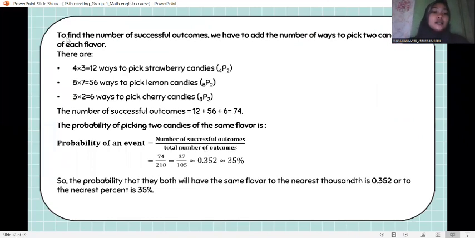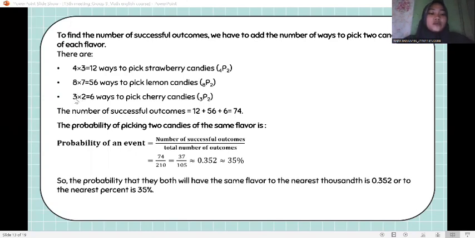So next, to find the number of successful outcomes, we have to add the number of ways to pick 2 candies of each flavor. There are 4 times 3 equals 12 ways to pick strawberry candies, which is permutation 4 of 2. 8 times 7 equals 56 ways to pick lemon candies, which is permutation 8 of 2.